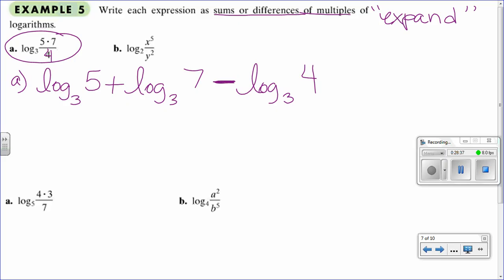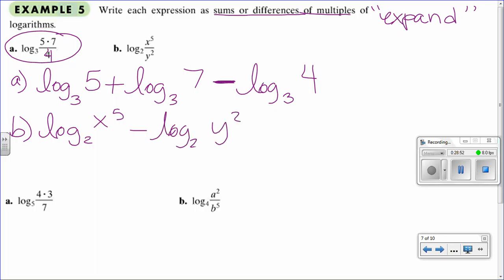Now the next problem is going to have x to the 5th minus the log of y squared base 2. And here we could use the power property. Oh, okay, I did that. That was wrong.